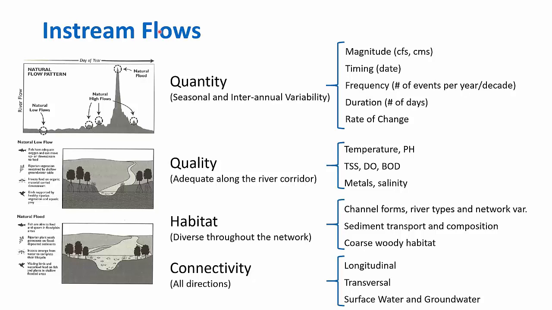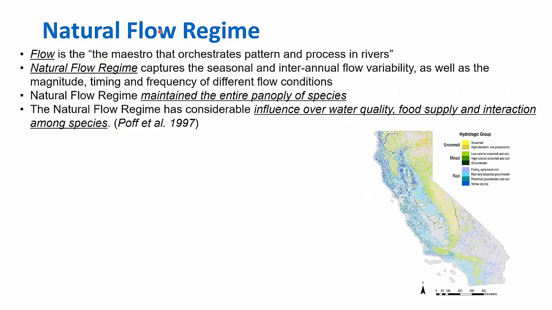Now, let me explain the natural flow regime. This is very important because flow is the primary variable that manages processes in rivers. Depending on how much water is in there, it can transport sediment, it can deposit sediment, you can have good water quality or poor water quality, you can benefit certain species over others, and so on.